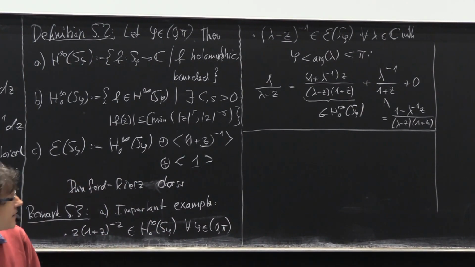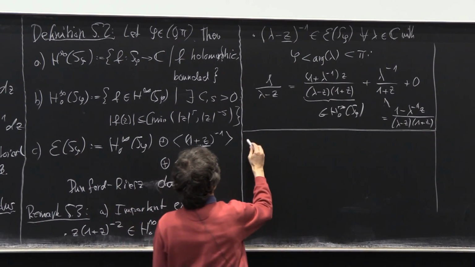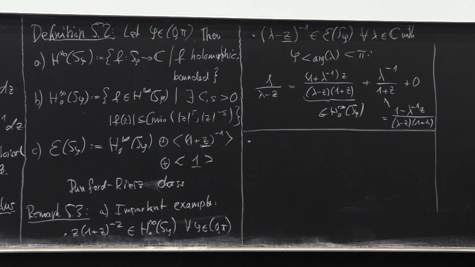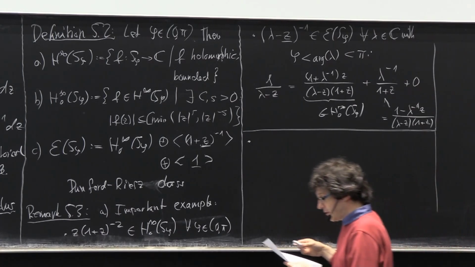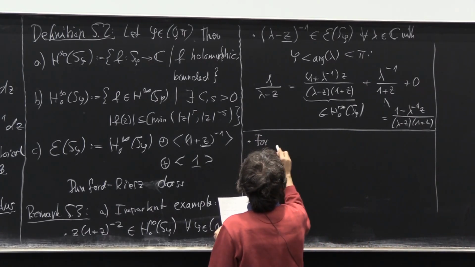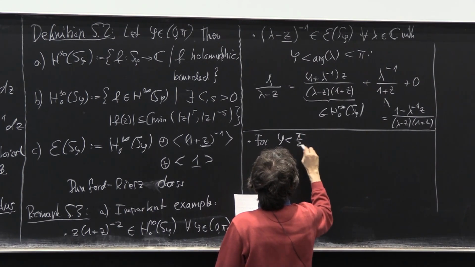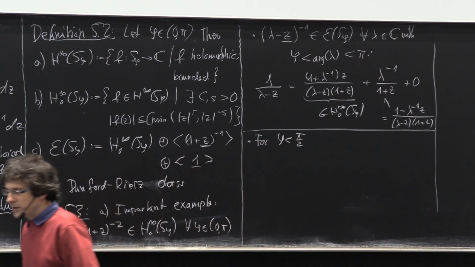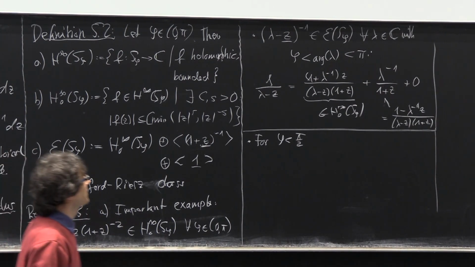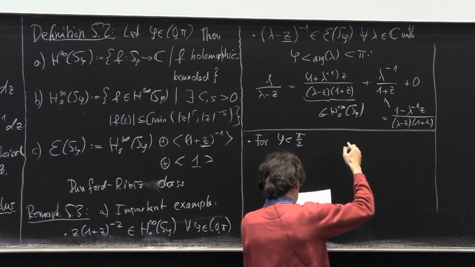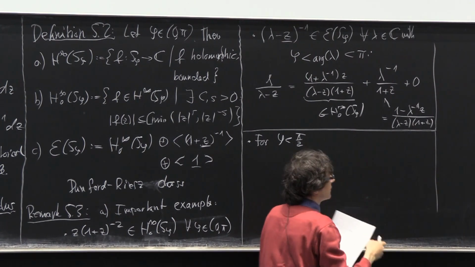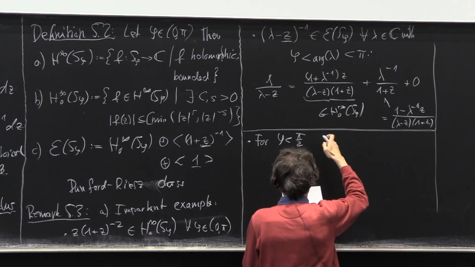And then another example that we will see again later is exponential functions. This works as soon as your sector has an opening angle less than pi over 2. So we are strictly in the right half plane, even with a smaller angle, so the right half less than pi over 2.